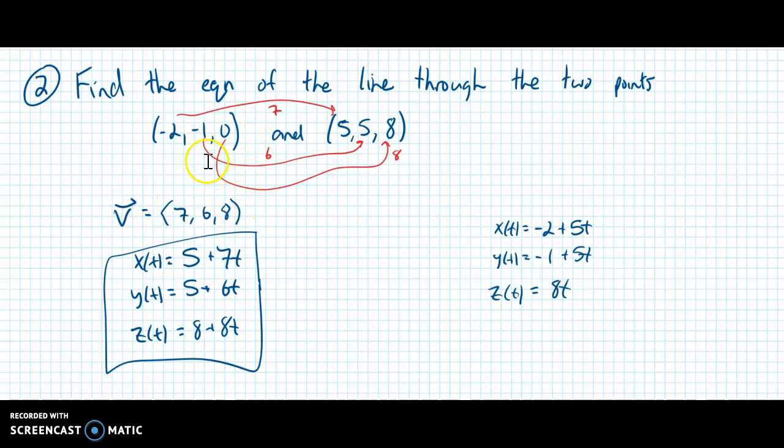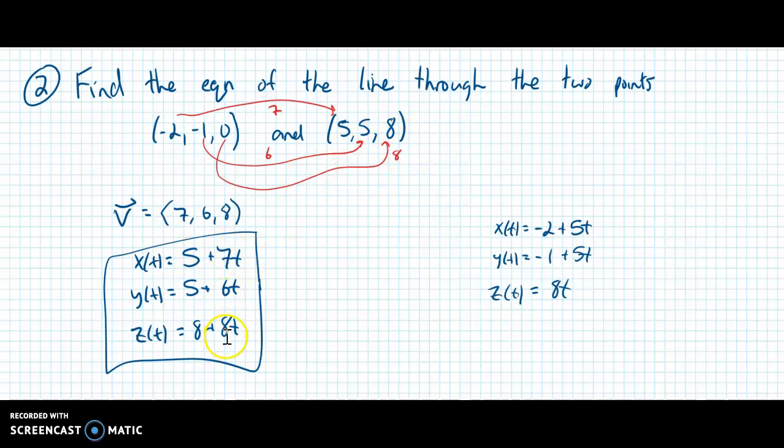So this one is a little bit less work, so there's not as much writing here. And in fact, you don't even have to have this. This is the answer that I think is most likely for people to get to. What I did, I found my vector from the first one to the second one. You can see this worked. From 2 up to 5 is 7. From negative 1 up to 5 is a positive 6. From 0 up to 8 is an 8.